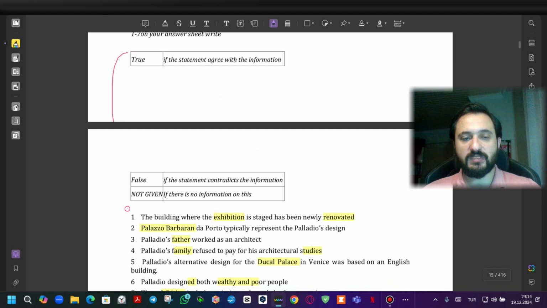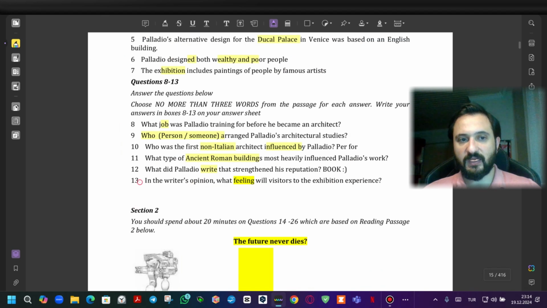Questions: true, false, not given, and another one, no more than three words, where you just write the answer. In this case, you don't need to read all the questions. You don't need to memorize all the questions like the previous ones.